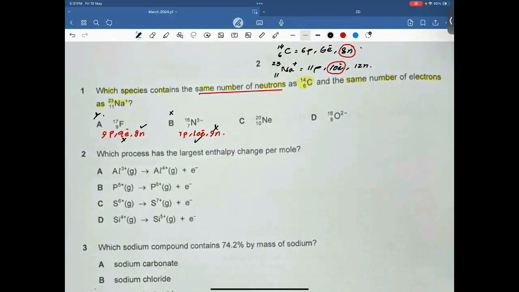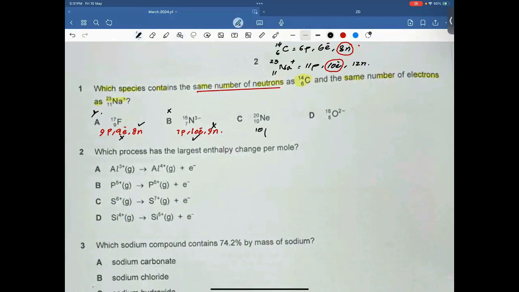Let's talk about neon. We have 10 protons, 10 electrons, and 10 neutrons. So we have the same number of electrons, but not neutrons, which is why option C is also incorrect. So if A, B, C are incorrect options, obviously D is going to be the right one. But let's talk about D. We have 8 protons.